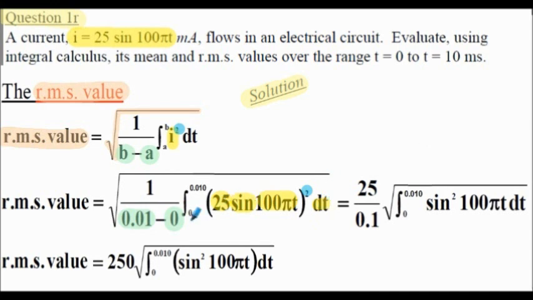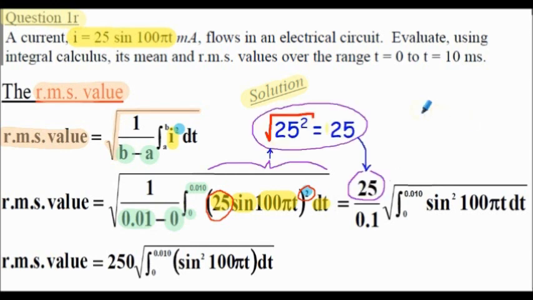Here again are the limits on the integral. The next step on the right hand side is 25 has been taken outside of the square root. Notice it's 25 squared, but then we're taking 25 squared outside of the square root, so that becomes 25. So here's 25 squared, all square rooted, is of course 25, shown here.